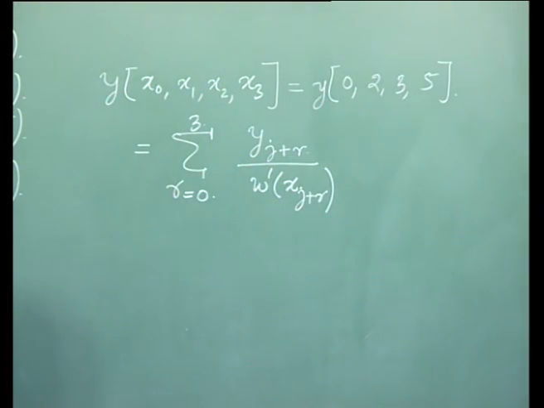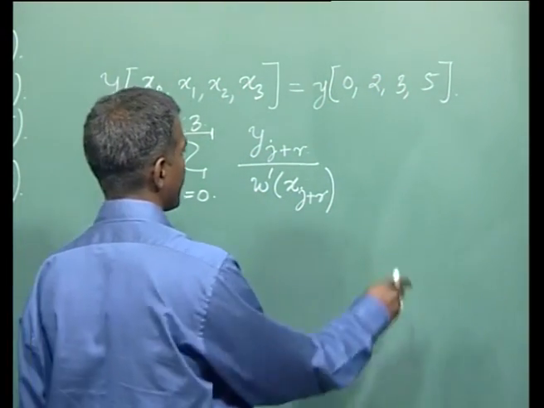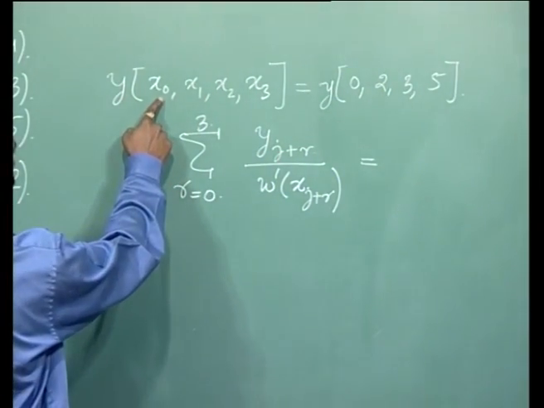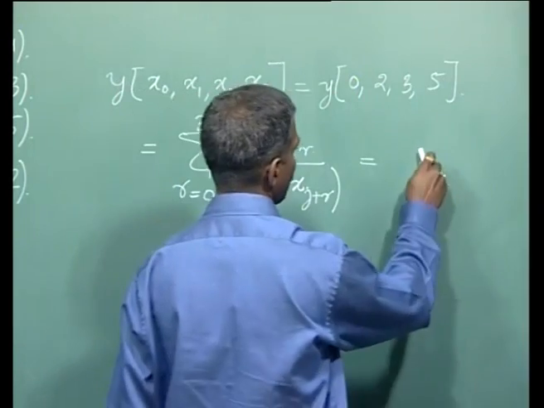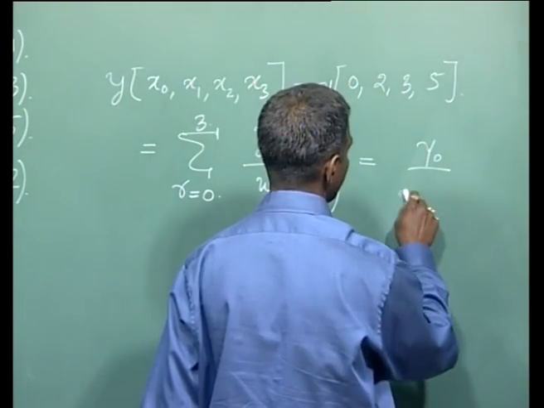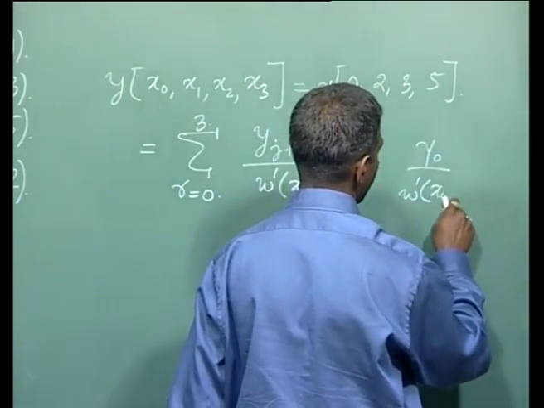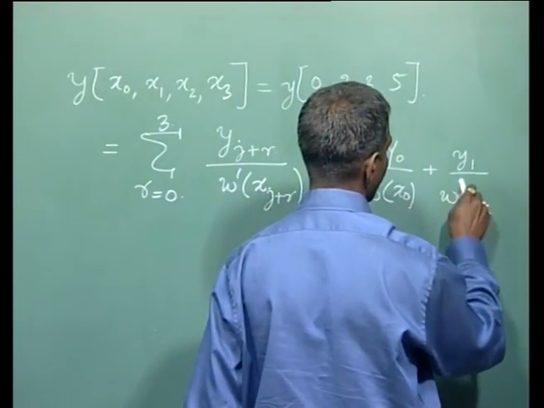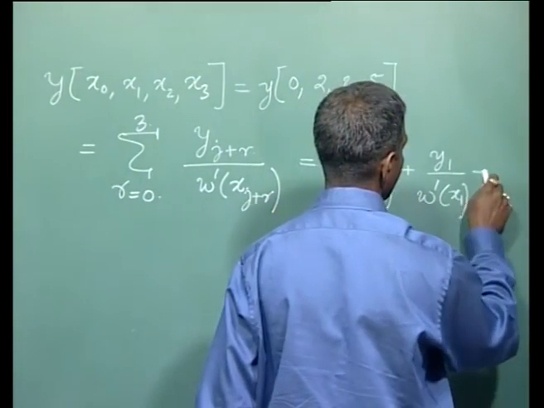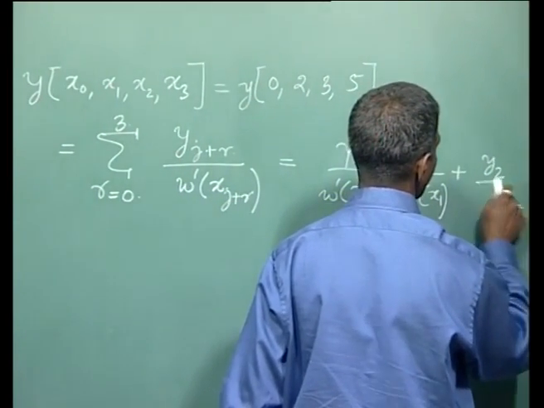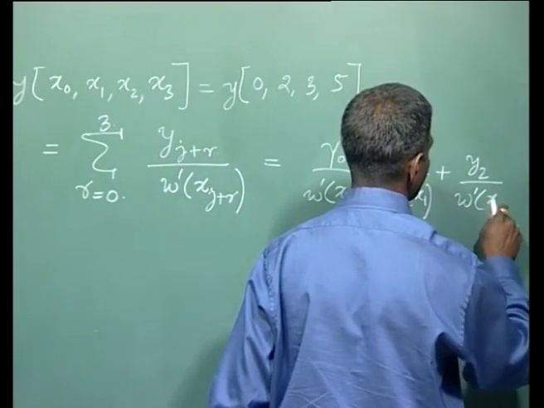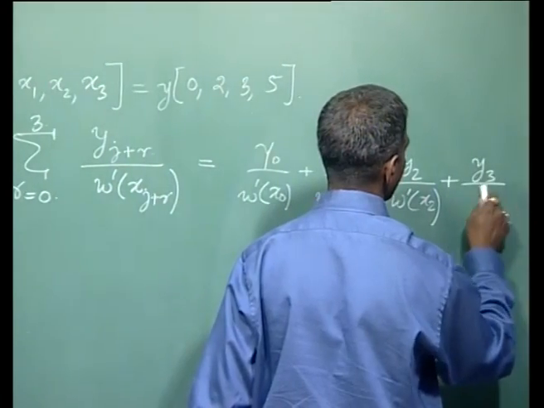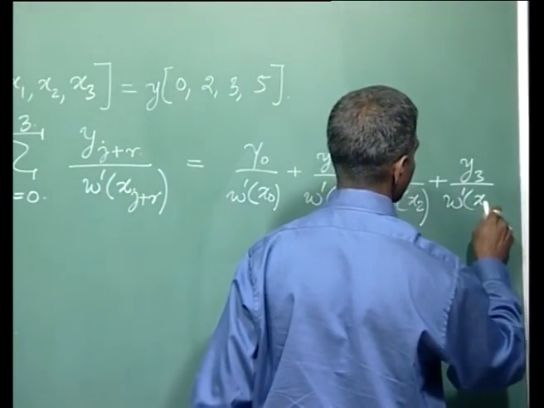Let me write this thing in elaborate form so that we all understand. Now j here is 0. So we'll have y0 over w prime evaluated at x0 plus y1 over w prime at x1 plus y2 over w prime at x2 plus y3 over w prime at x3.